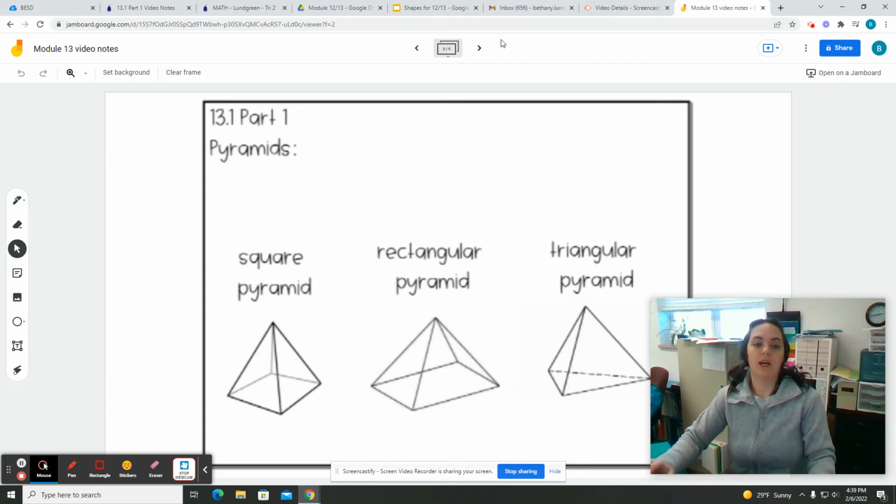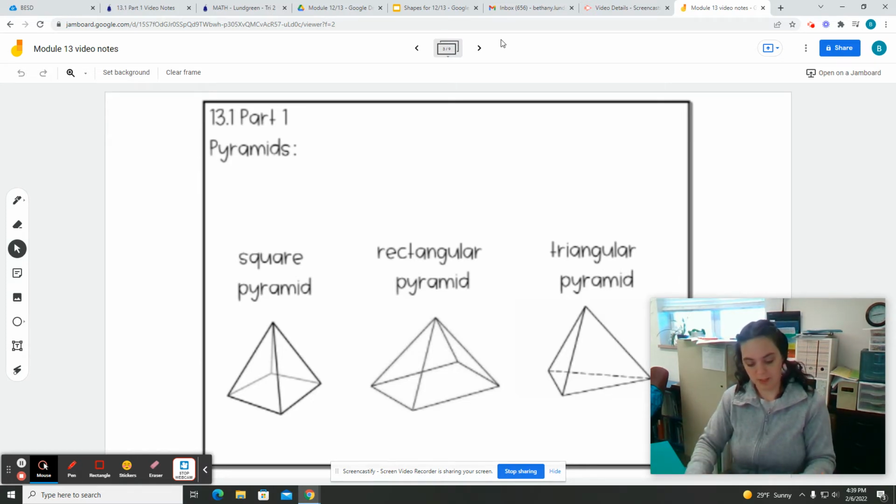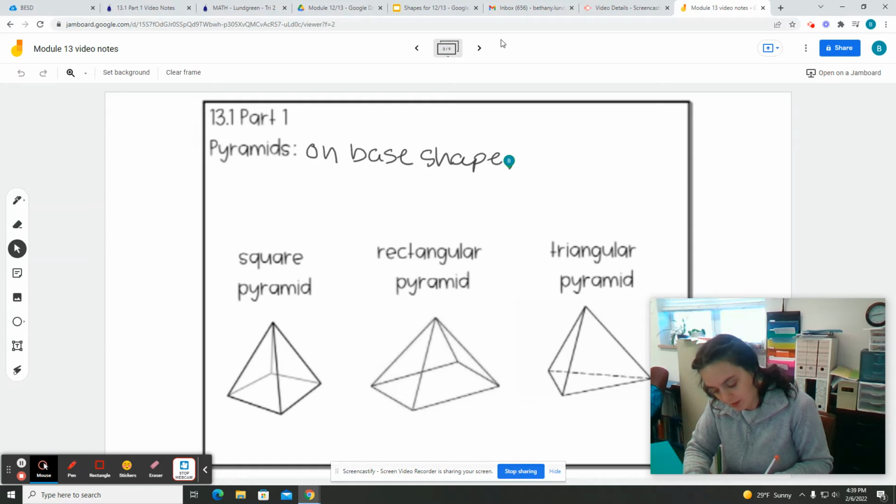Okay. The other type of 3-dimensional figure is a pyramid. Now, a pyramid is a little bit different than a prism because a pyramid has one base shape, and then all sides come to a vertex.